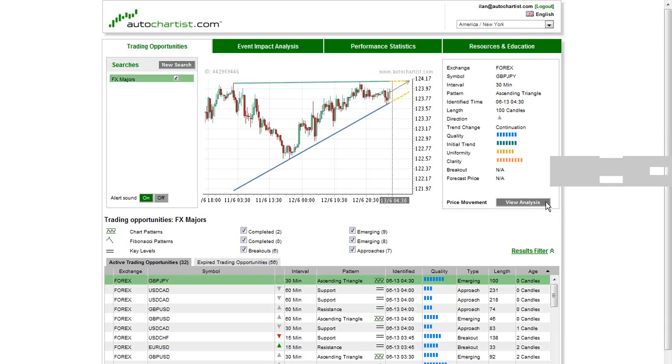So, Ilan, while we're waiting for people to sign in, are you just going to take us through the basics, getting started? Maybe just give us a brief outline of what you're going to be showing us today. Right, so I was given a strict briefing, which is to provide a general overview of the Autochartist platform. We're not going to go too far in depth into trading strategies, but more about how to navigate the tool and its different features.